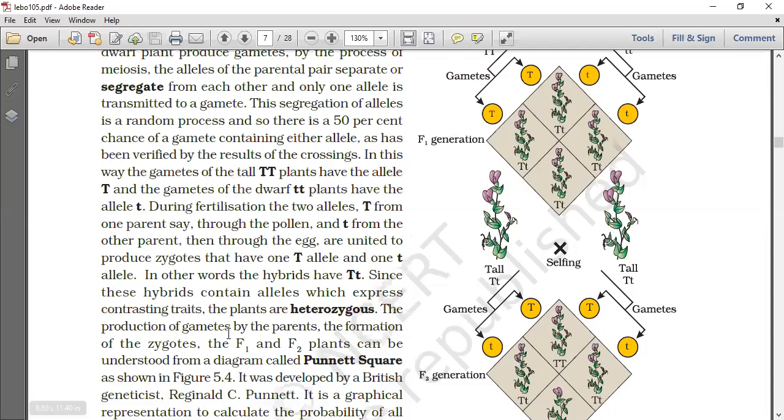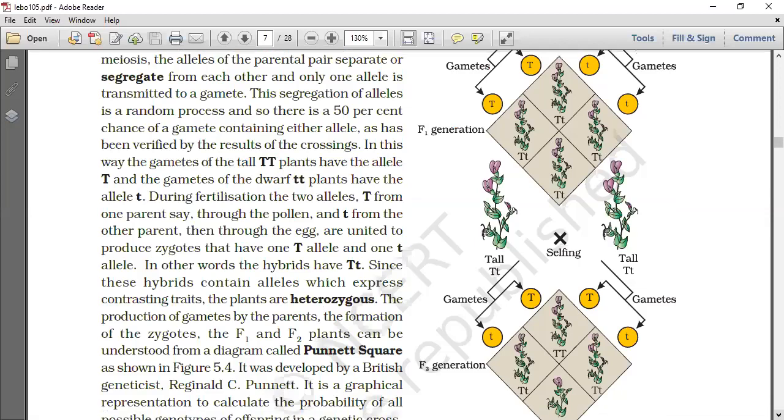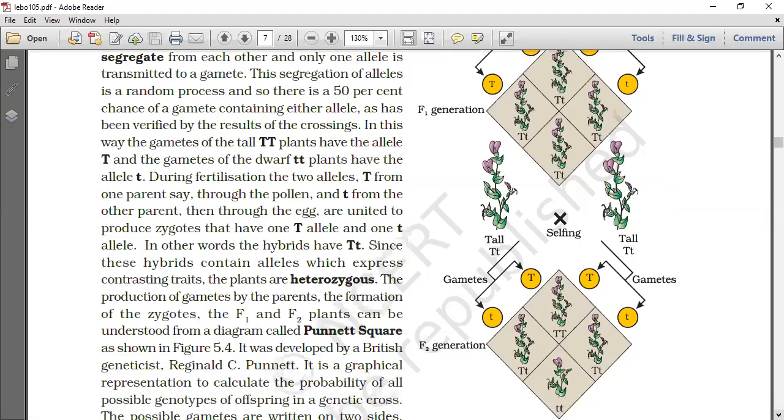The production of gametes by the parents, the formation of the zygote, the F1 and F2 plants can be understood from a diagram, the Punnett square, named after the scientist Punnett, as shown in figure 5.4. It was developed by a British geneticist, Reginald C. Punnett.